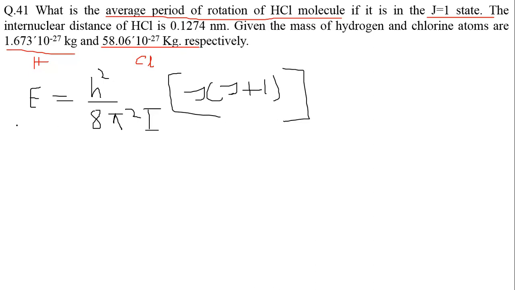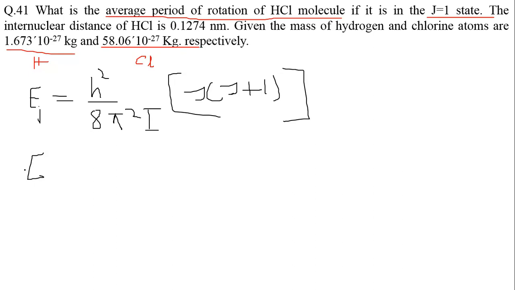Sorry, it is h square only, not h cross. So this is the rotational energy for a rotational level J, and in the question the HCl molecule is present in the J equals to 1 state. So when we put all these in, we can find the value of E.